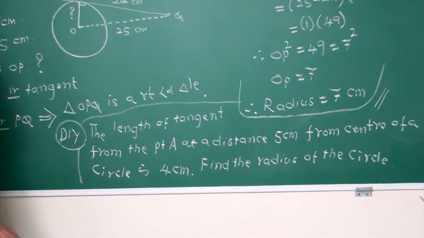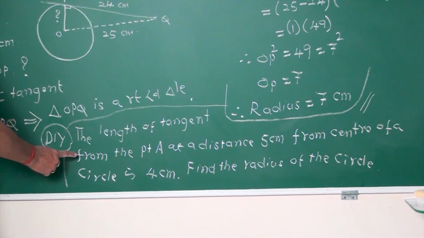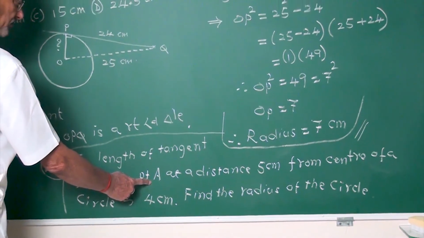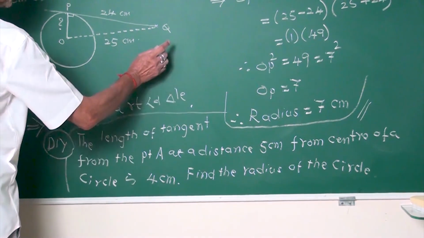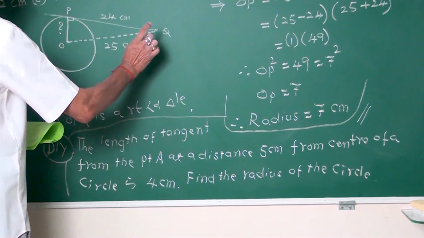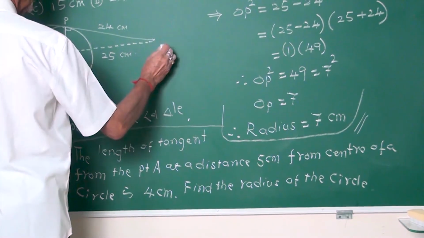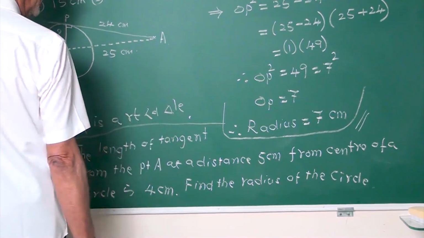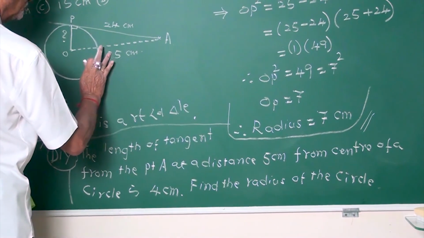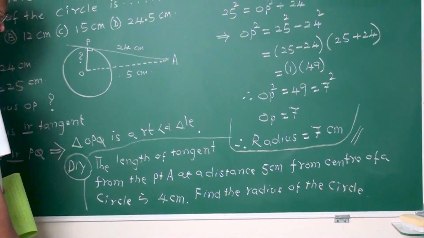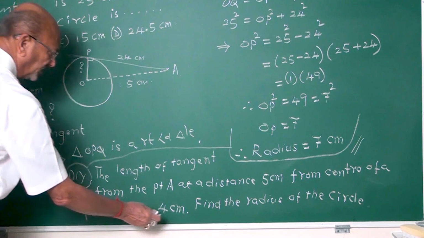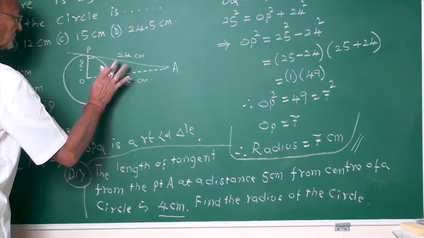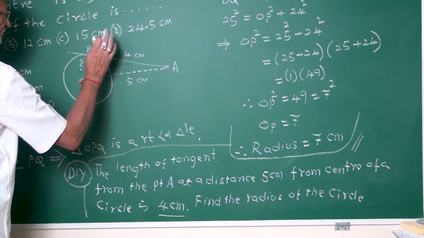Yes. What is given? Point A is at a distance 5 centimeter from the center of a circle. The length of the tangent is 4 centimeter.